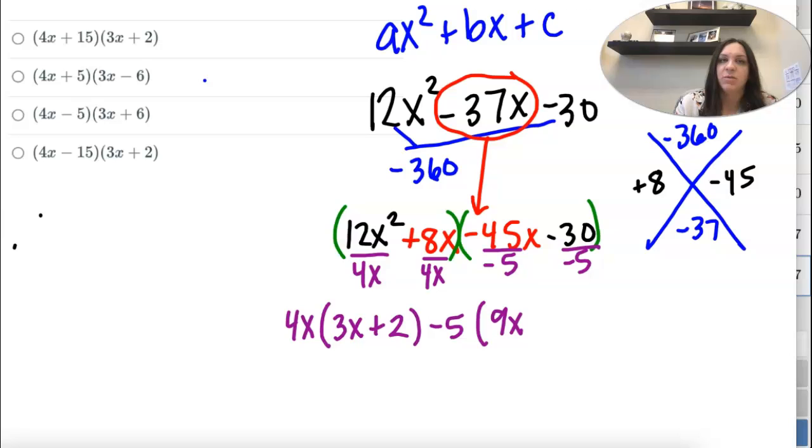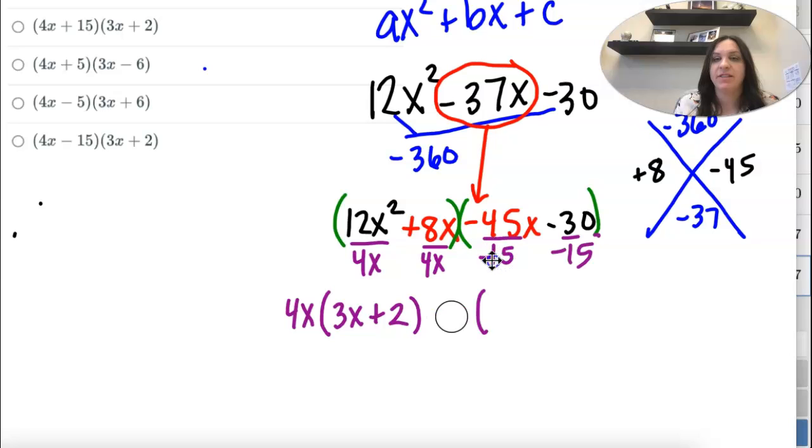Nope, there's a bigger number. What is it? So it's not 5, it's 15. Sorry guys, so I'm going to take out a 15. Sorry, it wasn't 5, it was 15. So I'm going to take out a 15, and then I'm left with 3x plus 2.